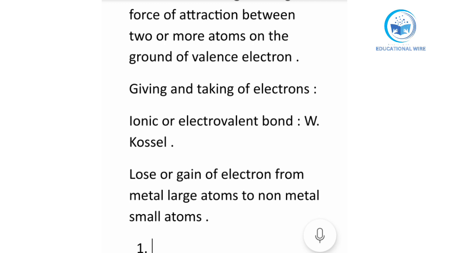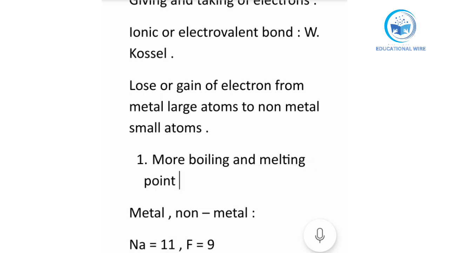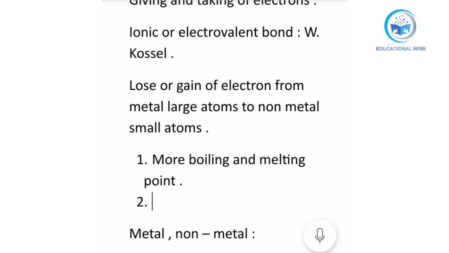Okay, talking about its properties. Number one property of it is that ionic bond has high boiling and melting point. Okay, second point, it is formed in hard solid. Why a hard solid?